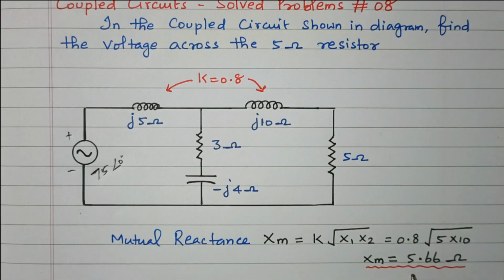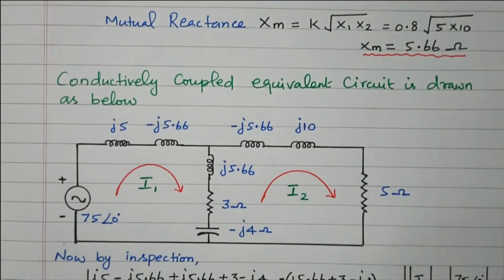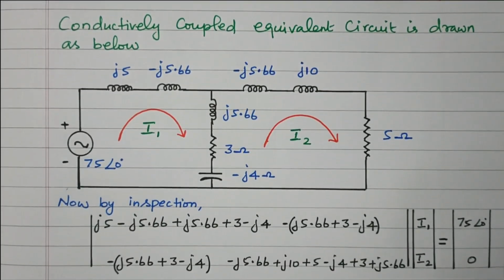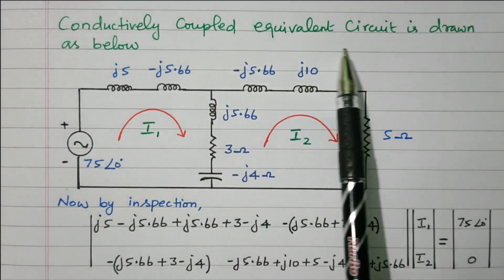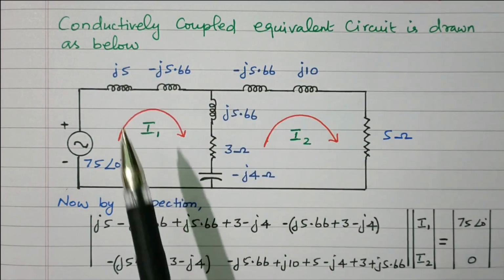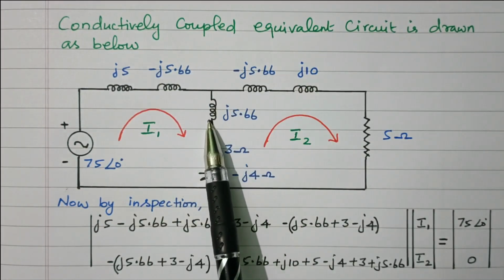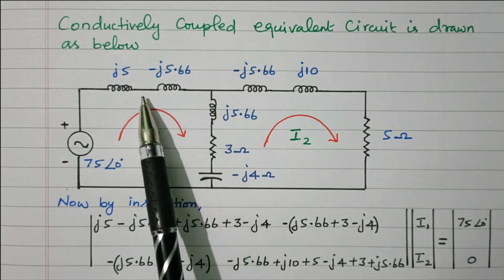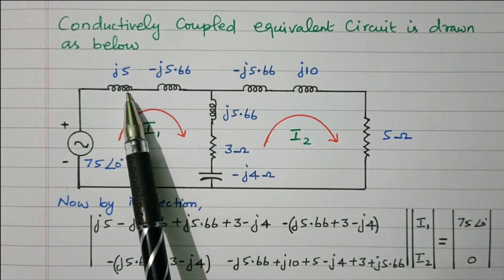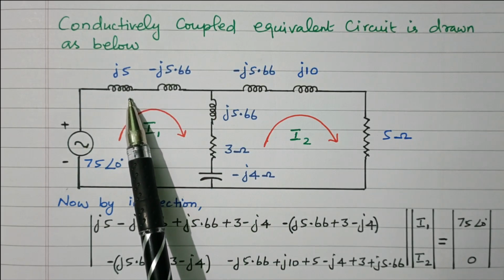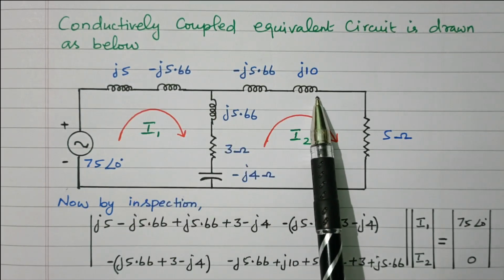Now with this value we can redraw the circuit. We can include this mutual reactance in the circuit so that we can redraw the circuit. So the conductively coupled equivalent circuit is drawn as below. So this 5.66 is now connected. It is commonly available between the 5 henry inductance and the 10 henry inductance.